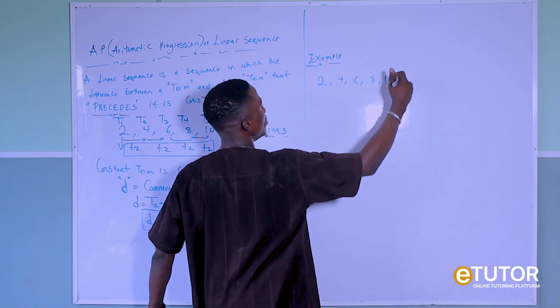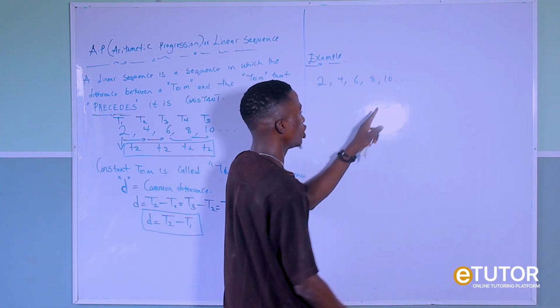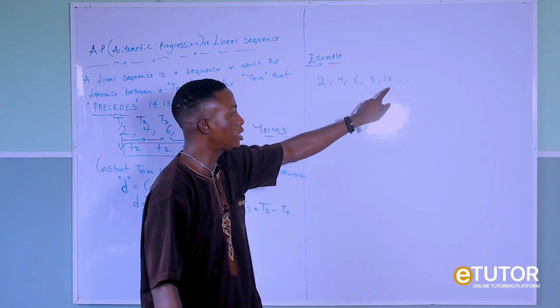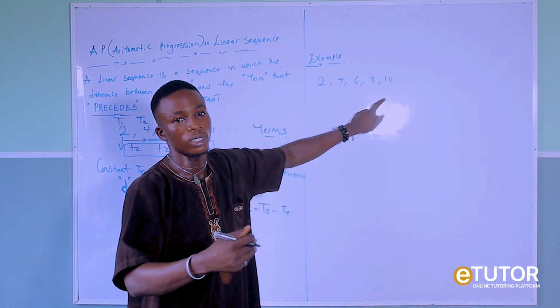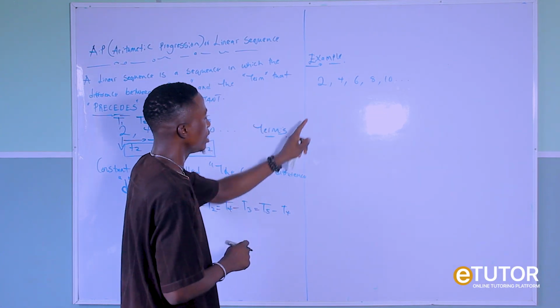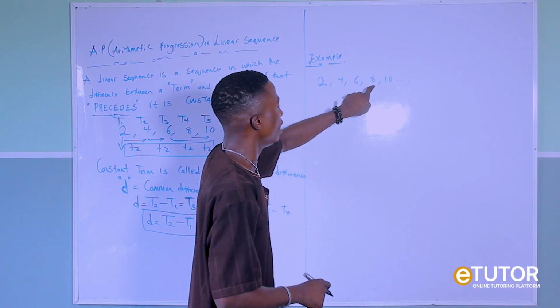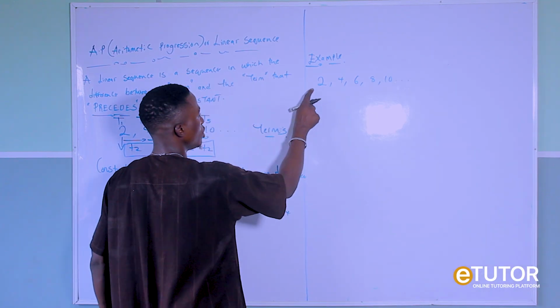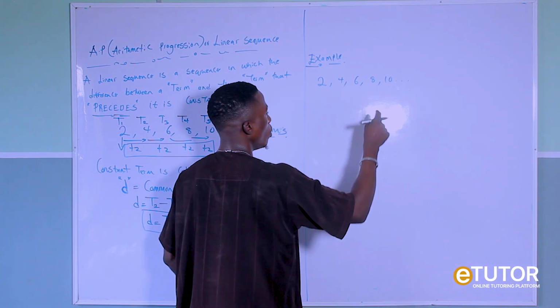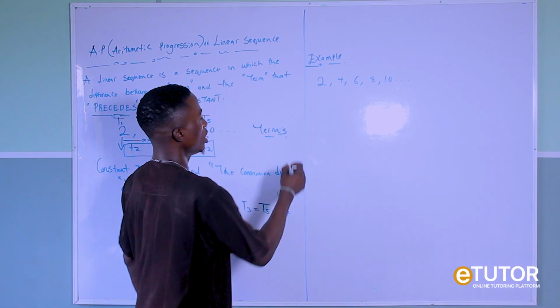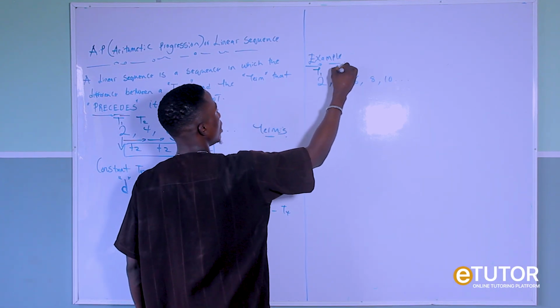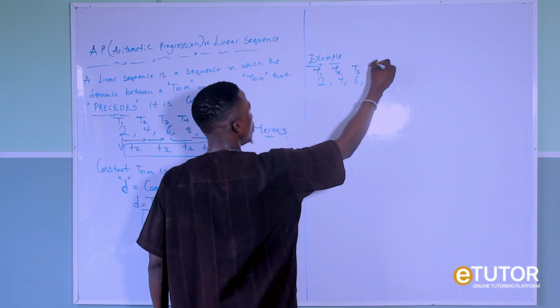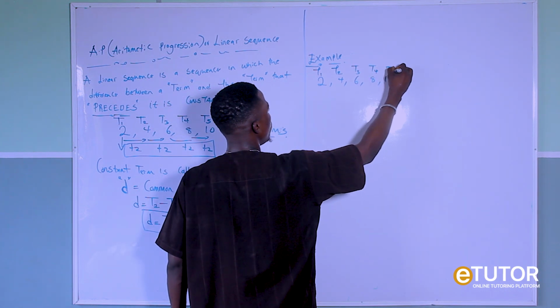There are still more terms after 10. Here we have just 5 terms. So this is my T1, my T2, my T3, my T4, my T5.